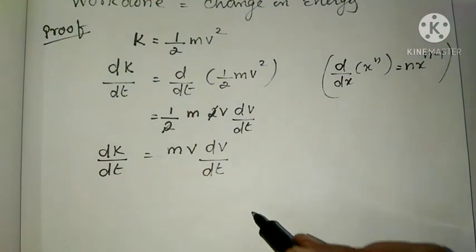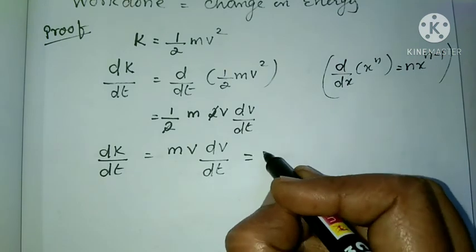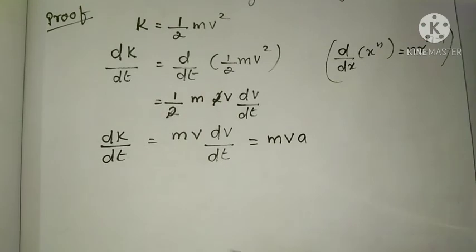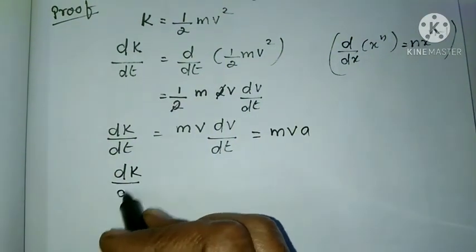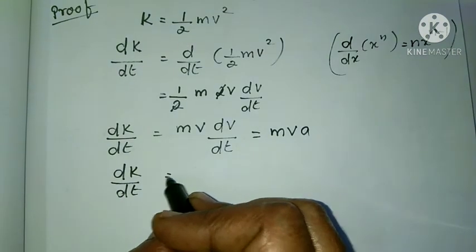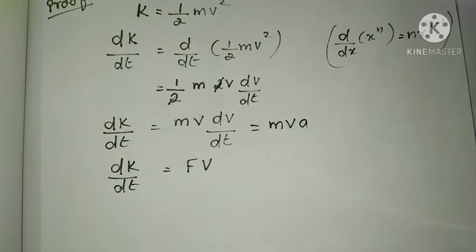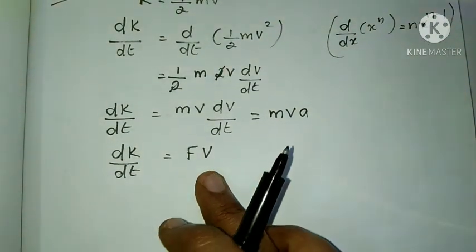So what is dv by dt? That is equal to acceleration. So we can write mva. So m into a is equal to force. So we can write dK by dt equal to F into v. What is v? v equals dx by dt.